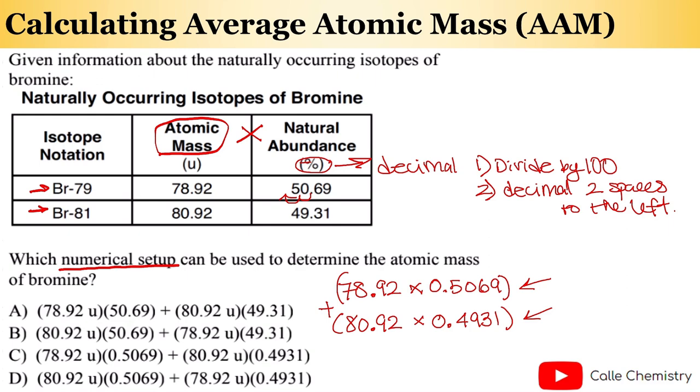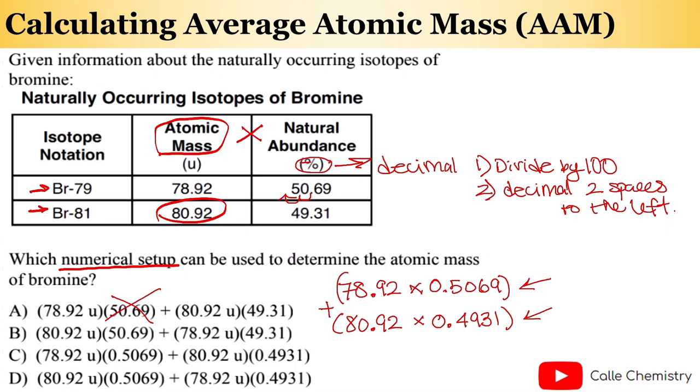So let's take a look at A. 78.92, that is correct. The 50.69 is what makes it wrong, so I can stop right there. They didn't change the percent into a decimal, so this is still a percent. I'll stop there. B, 80.92. Okay, that's the atomic mass of bromine 81 multiplied by 50.69, that is the natural abundance of bromine 79.